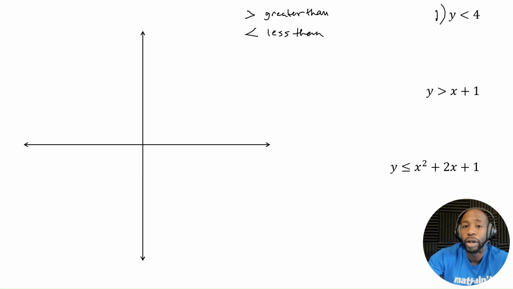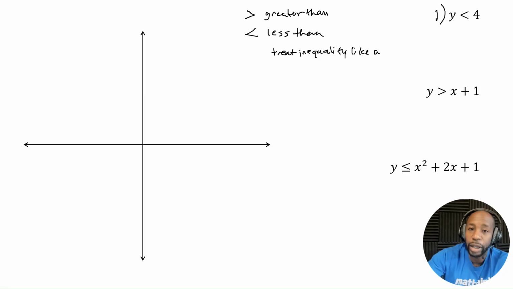First of all, what you want to do is treat the inequality like an equal sign initially. And so you want to do that so you can kind of graph it as normal, okay?